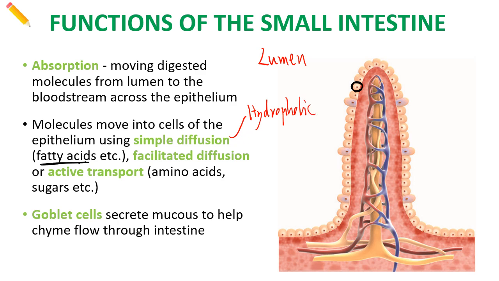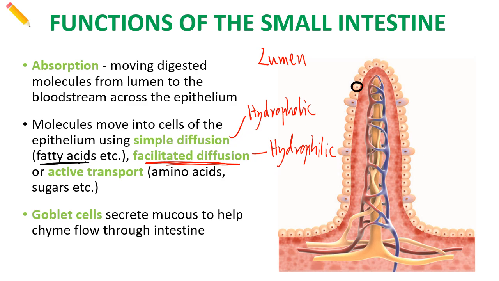But for most of the other molecules, like the sugars from the carbohydrates and the amino acids from the proteins, they're going to have to use facilitated diffusion because they're hydrophilic and so they can't just diffuse straight across the membrane. So those molecules are going to be using either facilitated diffusion or active transport, depending on the molecules.